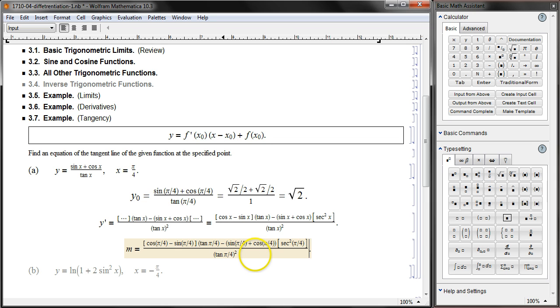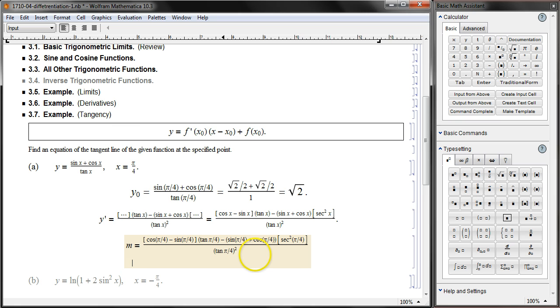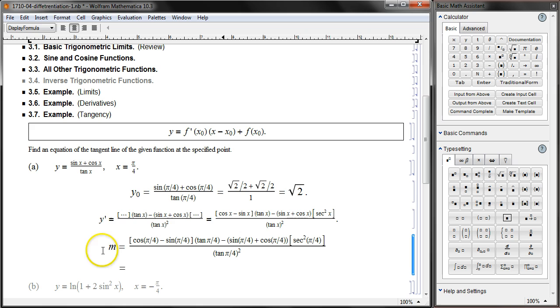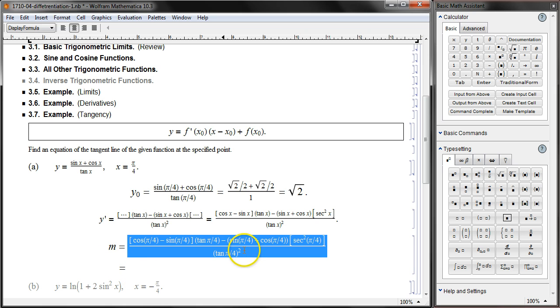Okay, alright. I don't know about you, but I can't read it very well, so let me expand the font a little bit more. Okay.